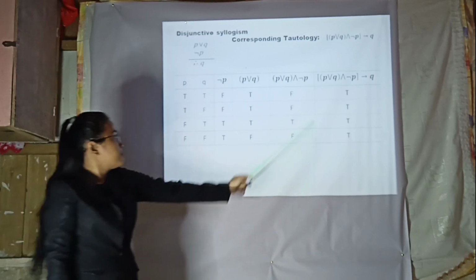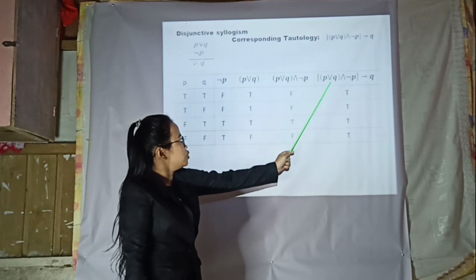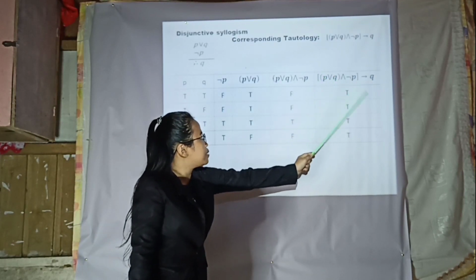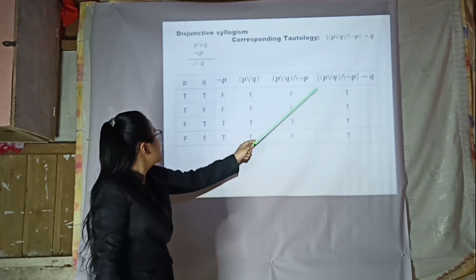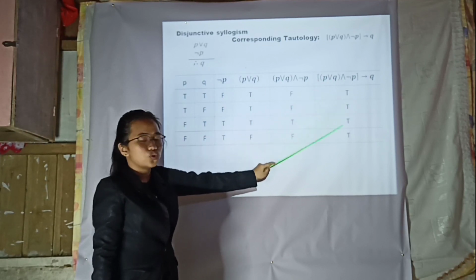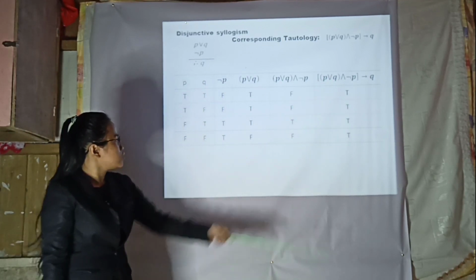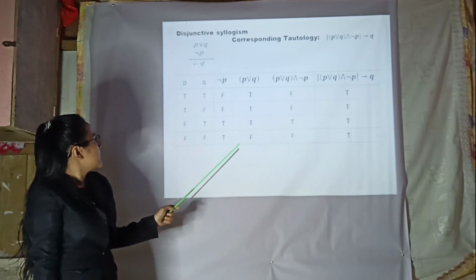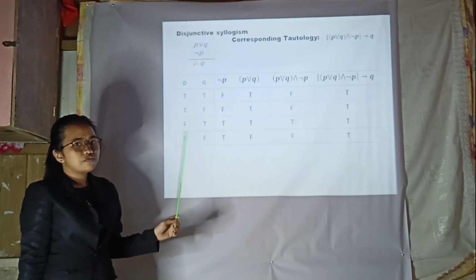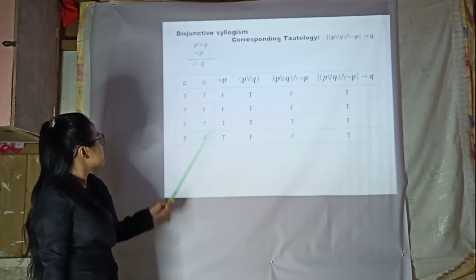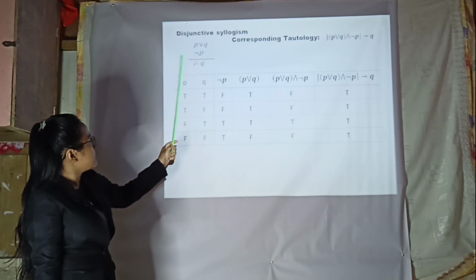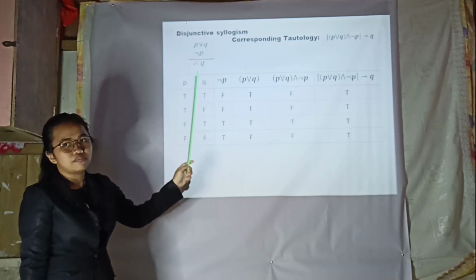So, the P or Q and not P implies, so, true, true, true, true. So, this truth table represents one of the rules of inference, the disjunctive syllogism.